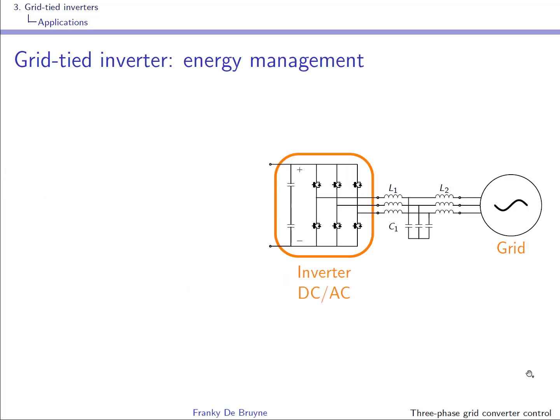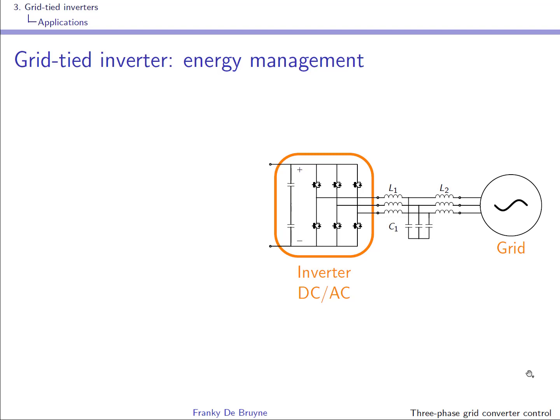Another application of the grid-tied inverter is energy management. So here you have your inverter that is connected to the grid, and this is indeed a DC-AC application because the DC power at the DC bus is converted into AC power at the grid level.